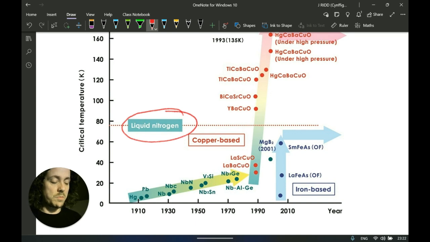There's a big race on at the moment to produce a superconducting material with a transition temperature higher than 78 degrees, so that we can use liquid nitrogen to produce that temperature and therefore get all the benefits of superconductivity.